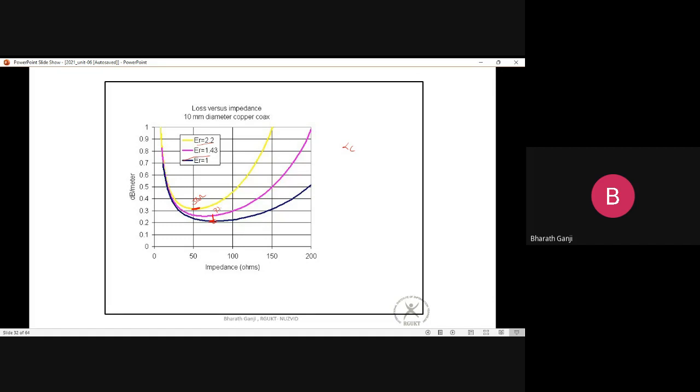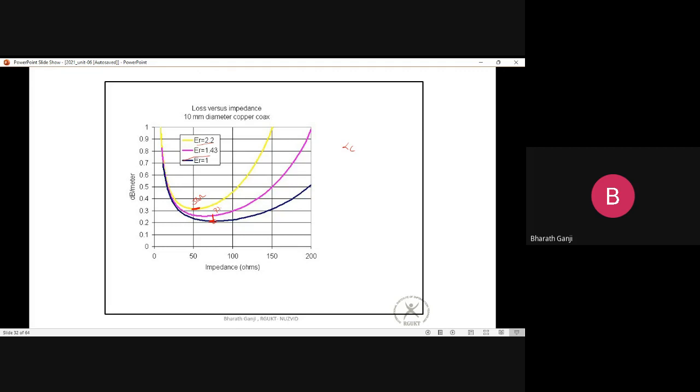Usually in RF circuits, most of the time, your circuits are designed for 50 ohms. Any low noise amplifier, oscillators, mixers, all these kinds of setups are designed for 50 ohm, because 50 ohm is a common standard: all the coaxial cables that are used for measurement purposes or design purposes are usually made out of 50 ohm only.